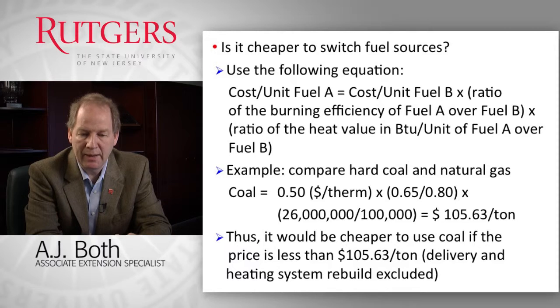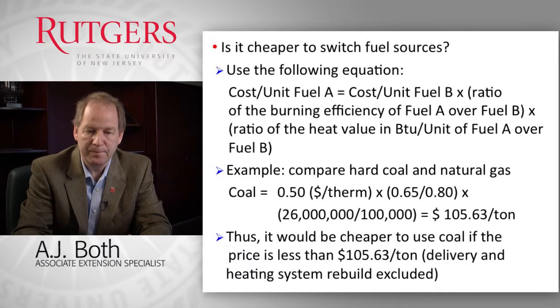But keep in mind that this calculation does not take into consideration the delivery cost and perhaps a rebuild of your heating system necessary to switch from one fuel source to another. So this basically only looks at the cost of the fuel itself.